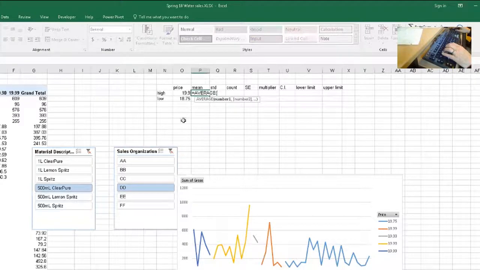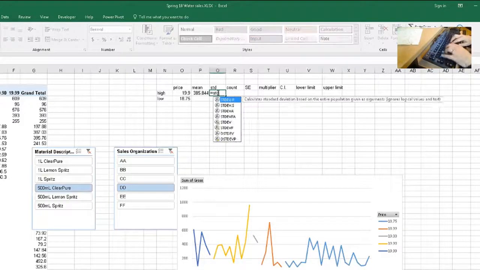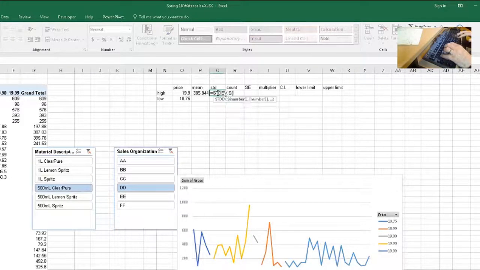So let's do some computation. Here are all the prices that were either 1899 or 1990. And I'm going to use this again and again. So I'm going to copy that range. And then I'm going to create a standard deviation of the sample here, and then I'll just paste that range.